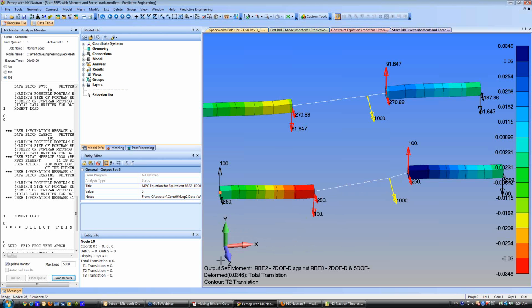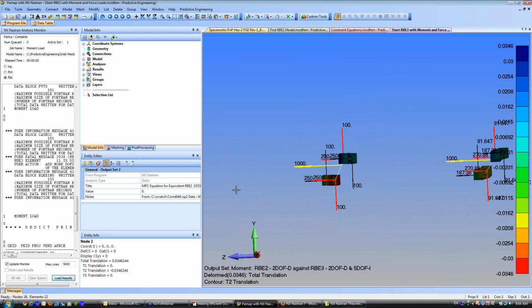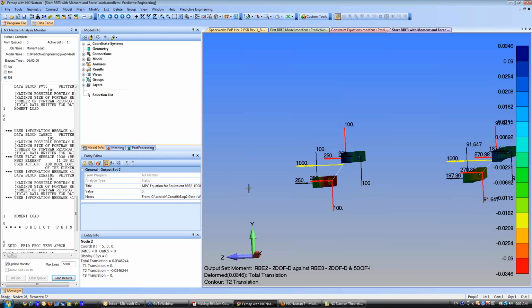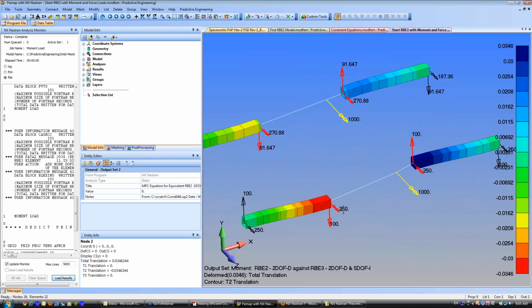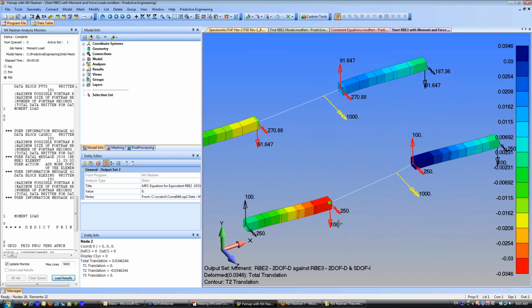Let's look at the RZ. Well, that's addressed by the translational degrees of freedom at both ends. But the RY, the drilling degree of freedom, RY down the axis, is not addressed by the independent degrees of freedom. It has to be done by the dependent.